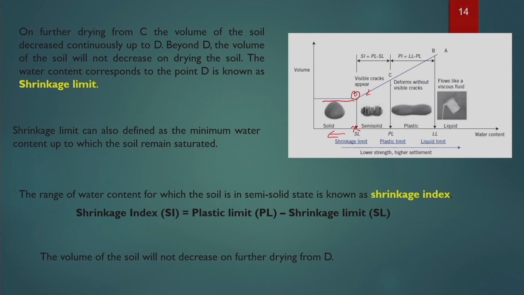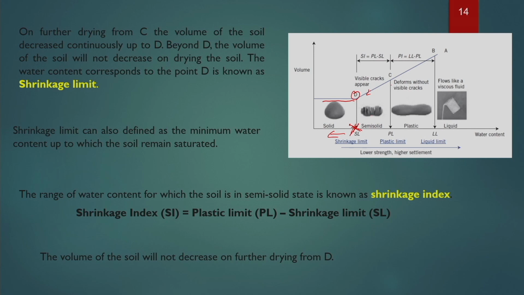So that limiting water content at which the soil volume ceases to decrease is known as the shrinkage limit. So shrinkage limit is defined as the water content at which the soil becomes fully saturated, or it is the minimum water content beyond which the soil will be fully saturated.